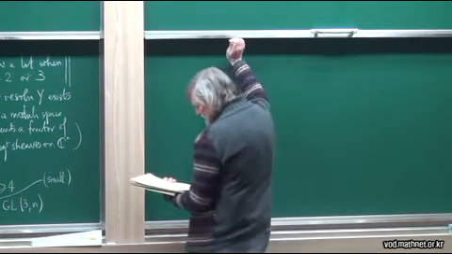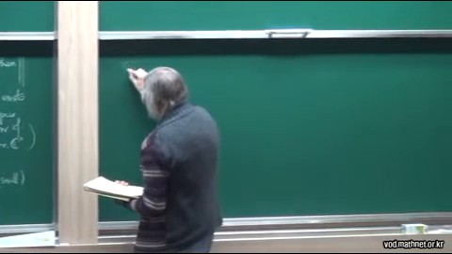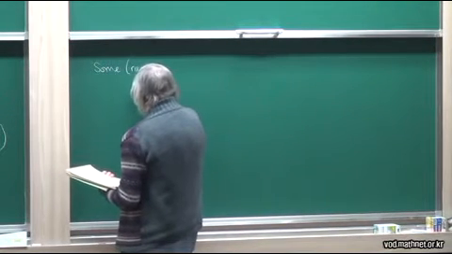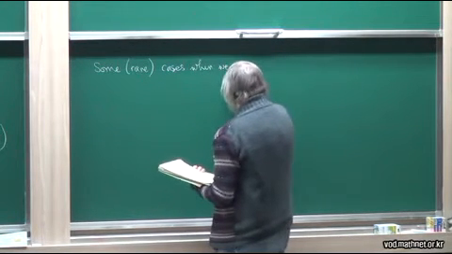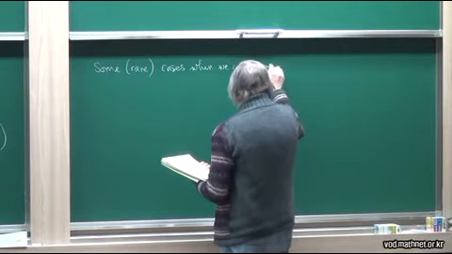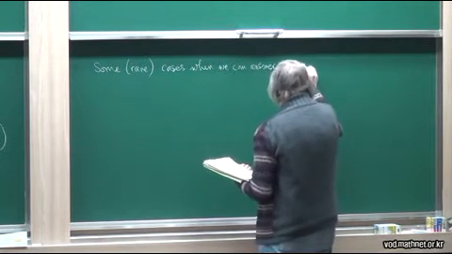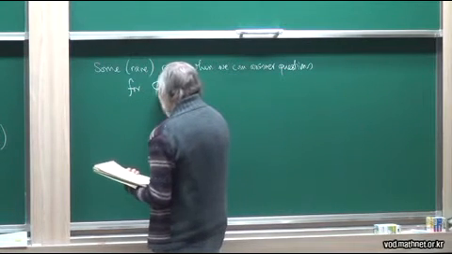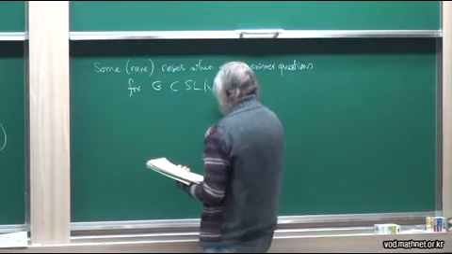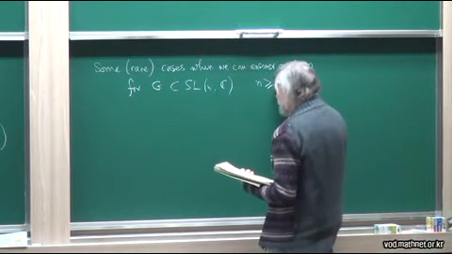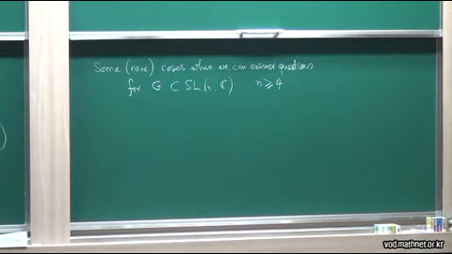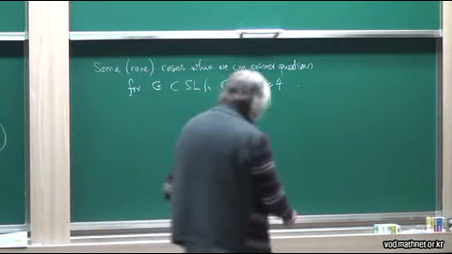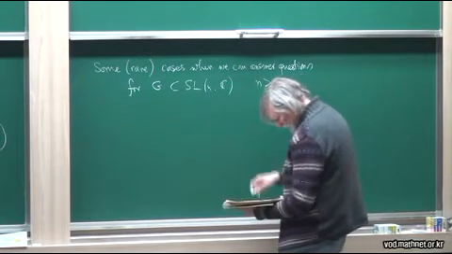So in particular, some rare cases when we can answer the questions for G in SL(n,C), n greater than 4, and so in other words, where the technology that we have, which is basically the technology of surface singularities, can tell us what it is we're supposed to be doing here.